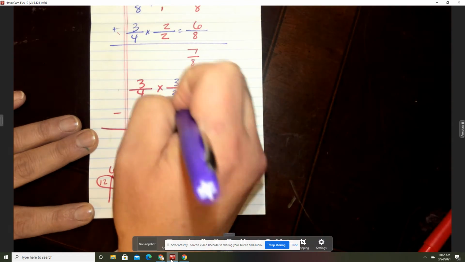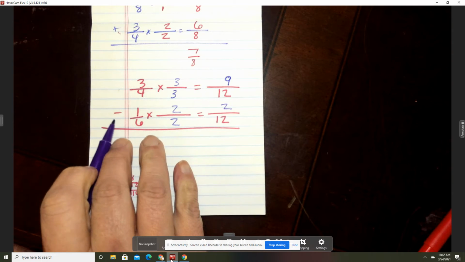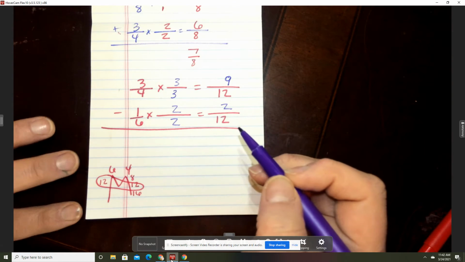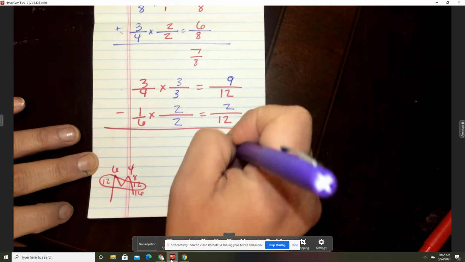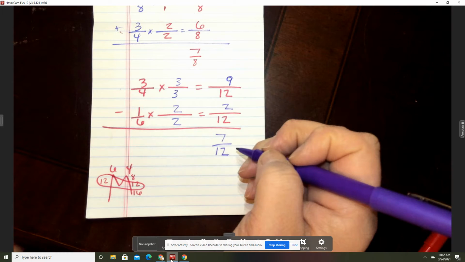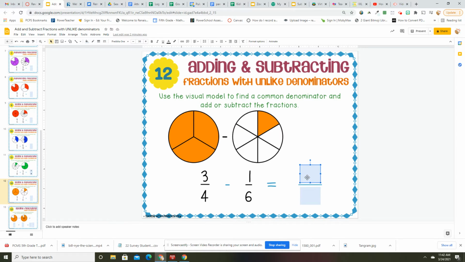What I do to the bottom, I do to the top. 1 times 2 is 2. Now I just need to subtract. 9 minus 2 is 7. So my answer is going to be 7/12. And I do not have to reduce this one. So I'm going to go back here and put 7/12.